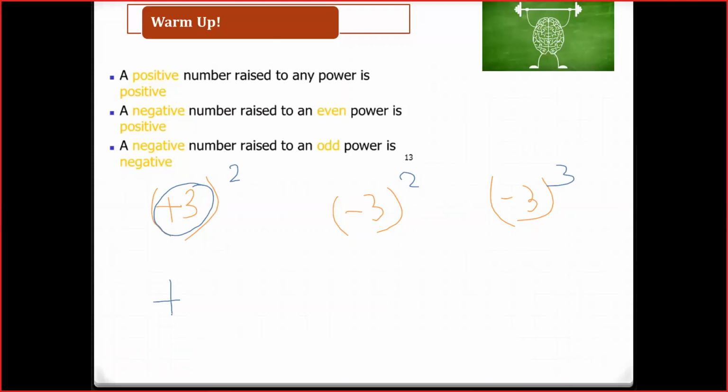But if I have a negative number, I want to check the power. If the power is even, the answer must be positive. But if the power is odd, the answer is negative.